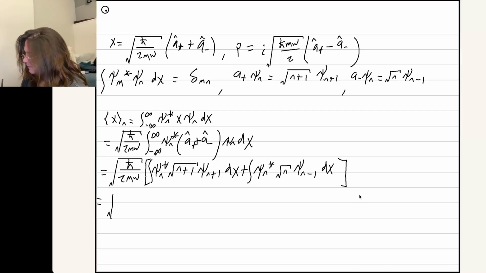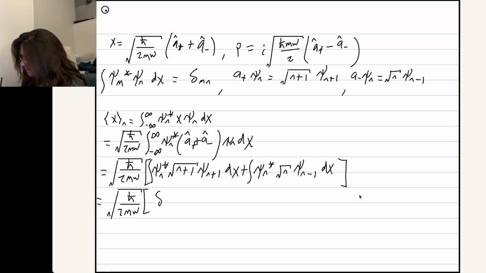So just evaluating those integrals using the orthogonality condition, we have a Kronecker delta n plus 1 times the square root of n plus 1, and a Kronecker delta n minus 1 times the square root of n, right?